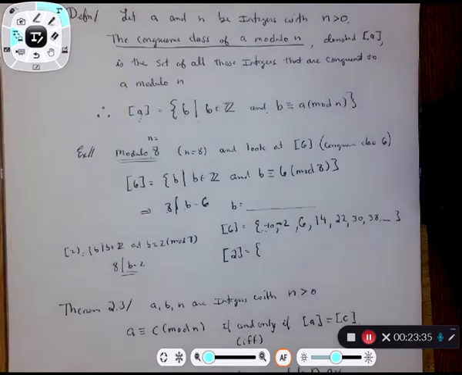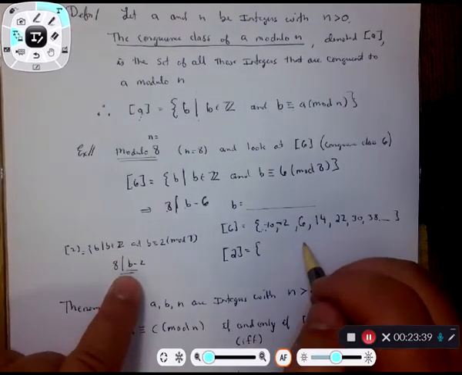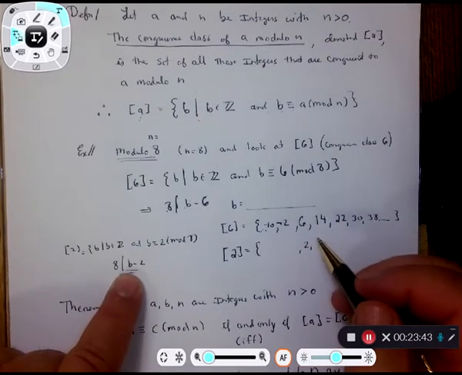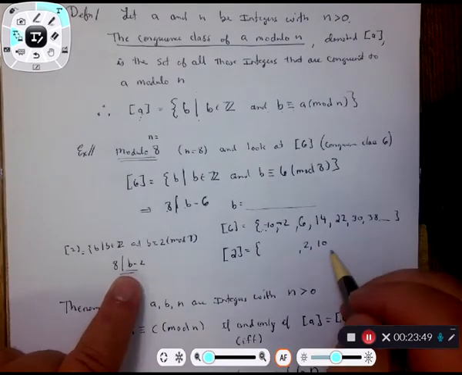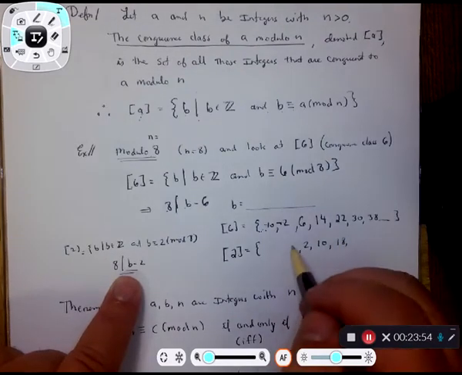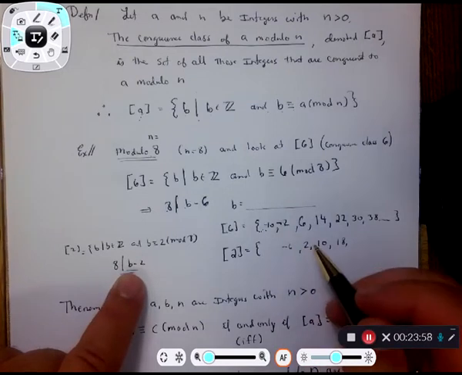Okay? So, you're in your own equivalence class because 8 can divide 0, so 2 is going to be in there. And the next one that's going to be in there would be 10, because 10 minus 2 is 8. 8 divides 8. The next one's going to be 18. The one on the low side is going to be negative 6. Negative 6 minus 2 is negative 8.